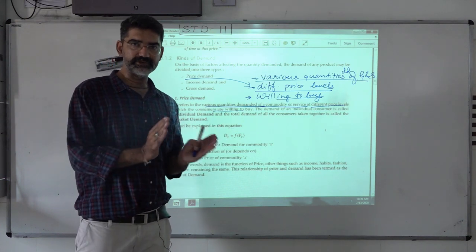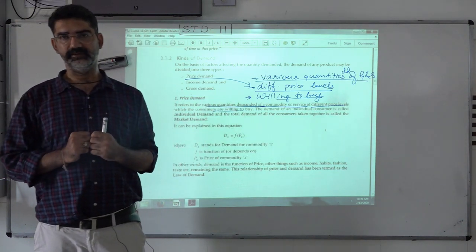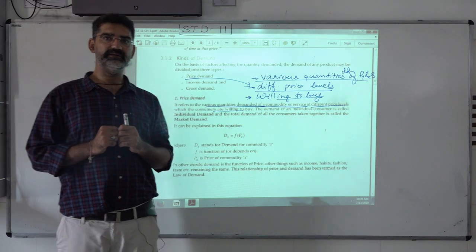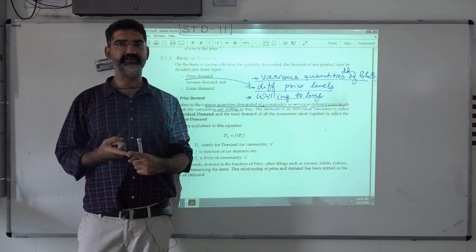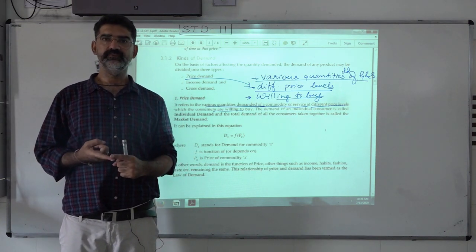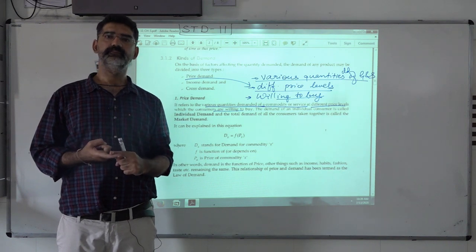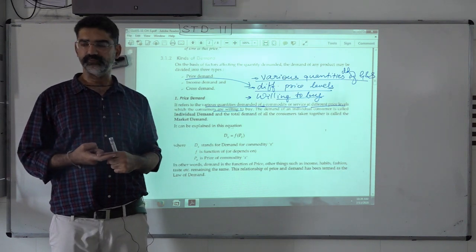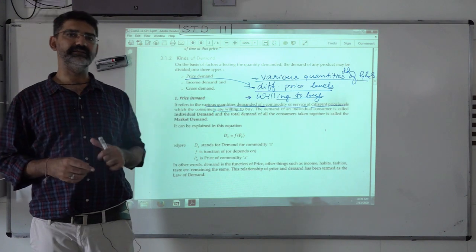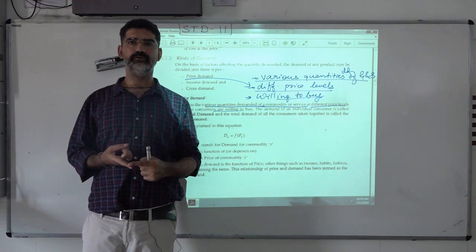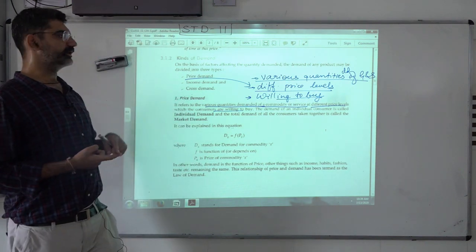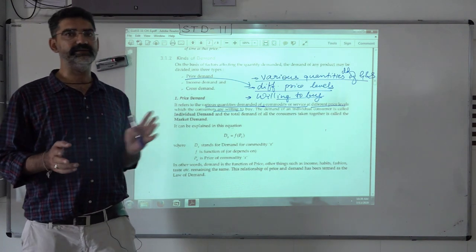See the difference between demand and price demand. When we talk about demand, we are talking about specific things: particular price, given period of time, and the quantity is also specified. But here we are not talking about specific things. We are talking about quantities of goods and services, prices at different levels, and willingness should be there.